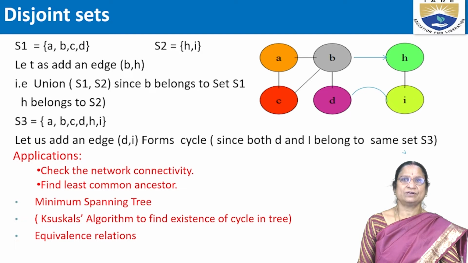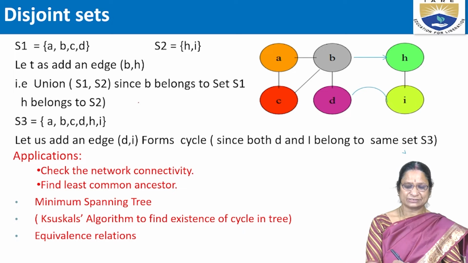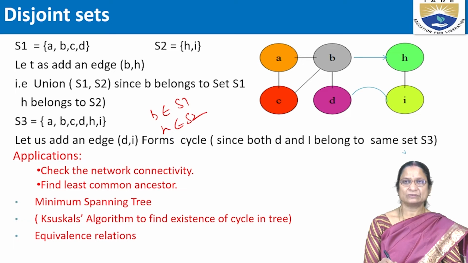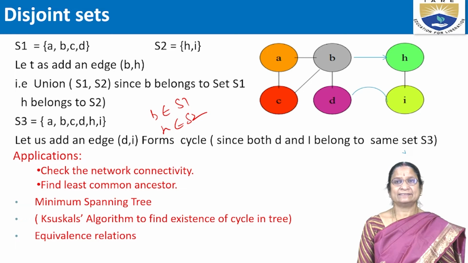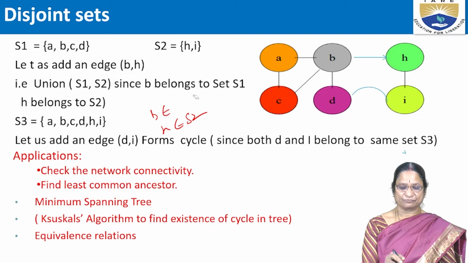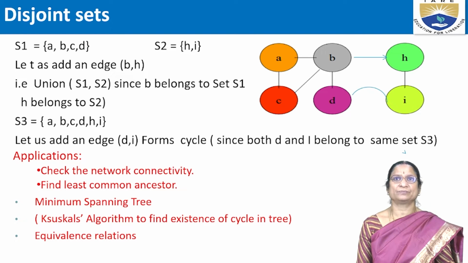In this example, B belongs to the first graph, S1, and H belongs to S2, the set of vertices of the second graph. Then only can we add it as an edge to that graph. That way, no cycles are formed.